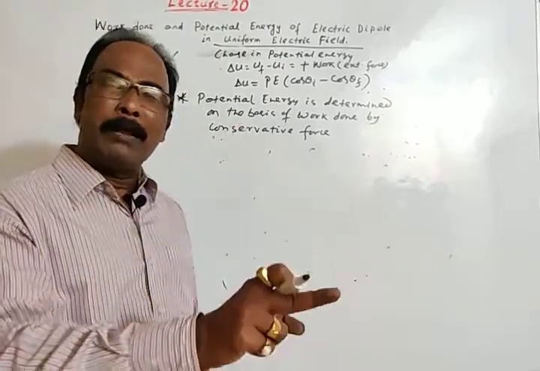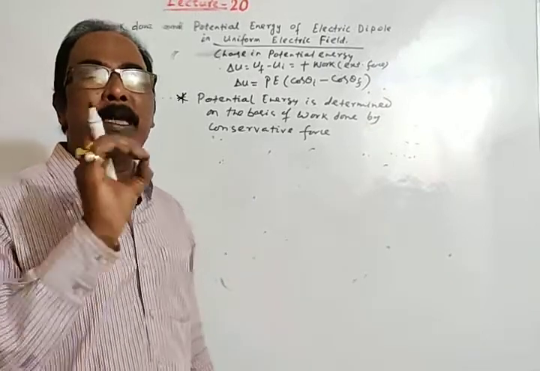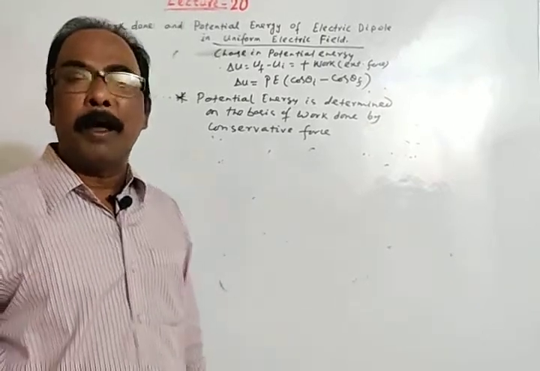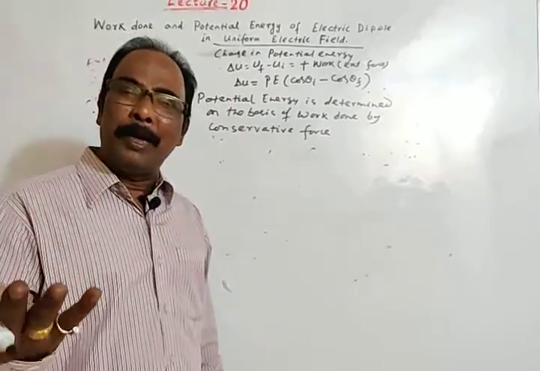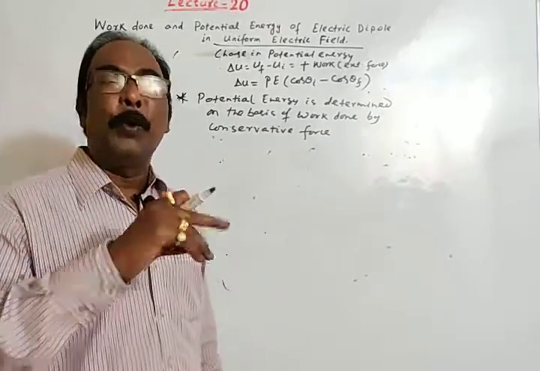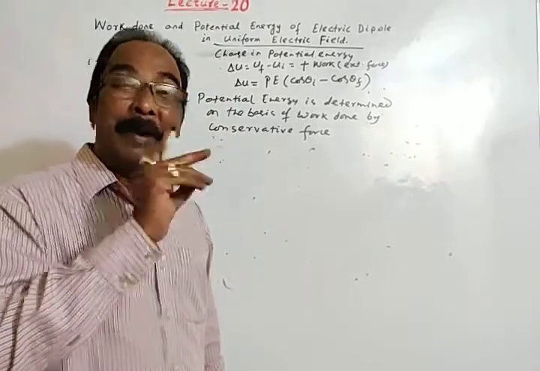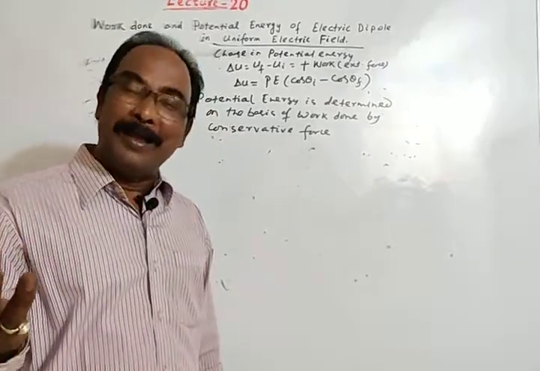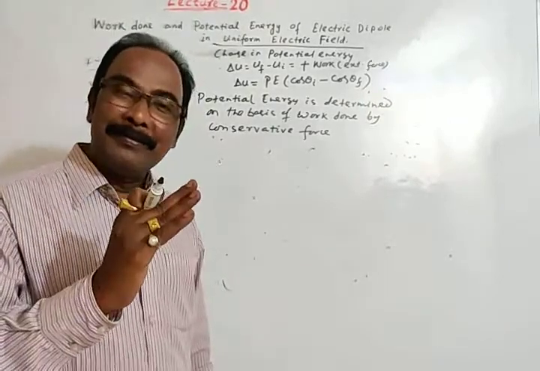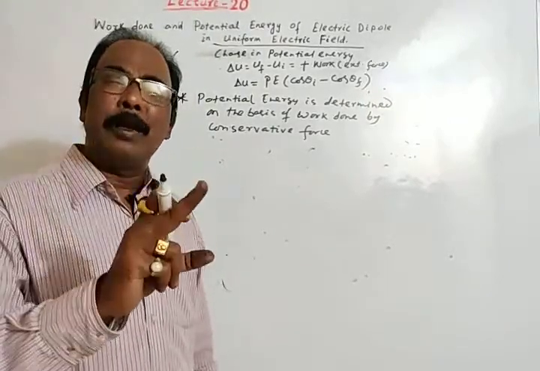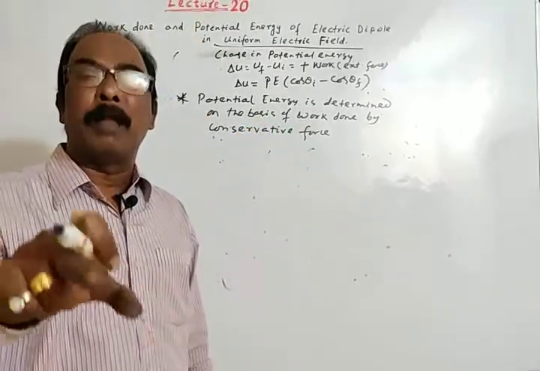Work done by conservative force independent of path but depends upon initial and final position. Again, work done by conservative force is zero in a complete path. Okay, but work done by non-conservative force is path dependent. Work done by non-conservative force is not zero in a complete path.